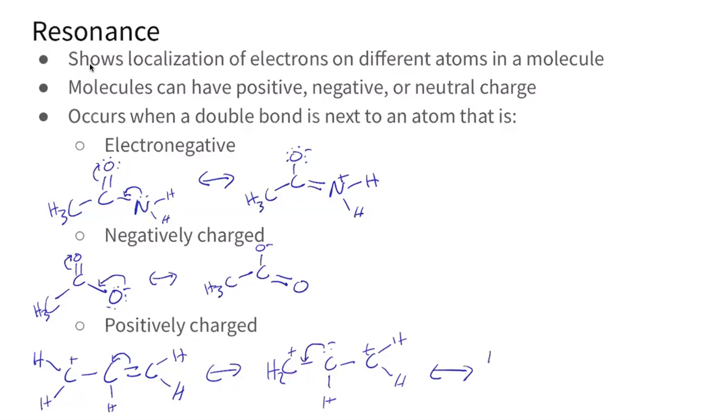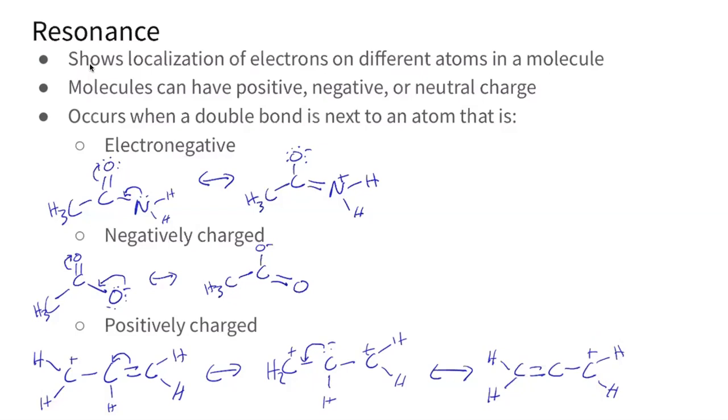And if I do this, I will get rid of not only the positive charge on the end carbon, I'll also get rid of the negative charge on the central carbon. And now we have a molecule like this, where we have essentially passed the positive charge from this end of the molecule to this end of the molecule. And that does promote some stability right there.